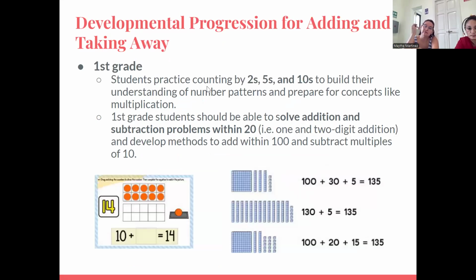In first grade, you can focus on counting by twos and fives to build their understanding of number patterns, which helps them prep for multiplication. When they're counting by twos, 2, 4, 6, 8, 10, it's basically 2 times 5, 10, because it's counting 5 times.